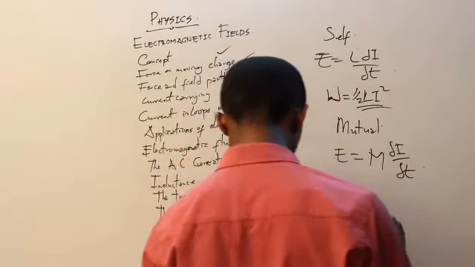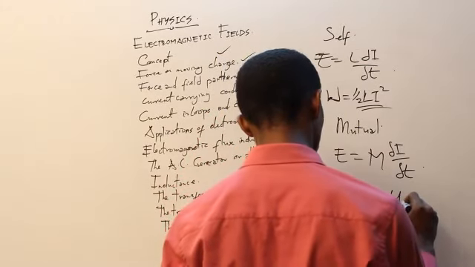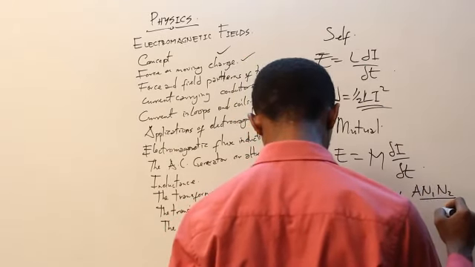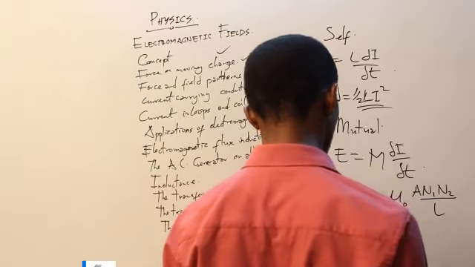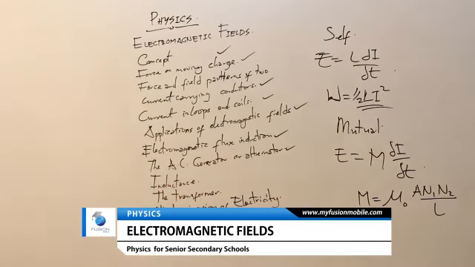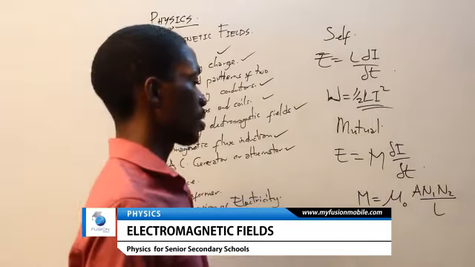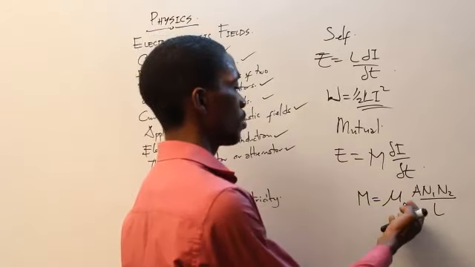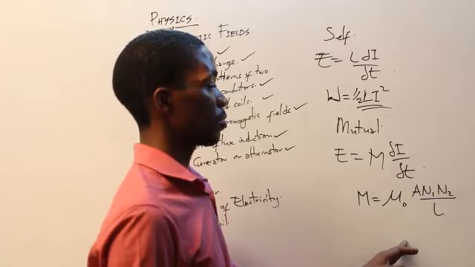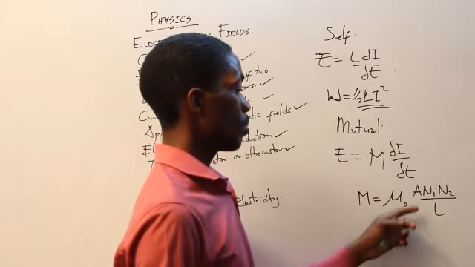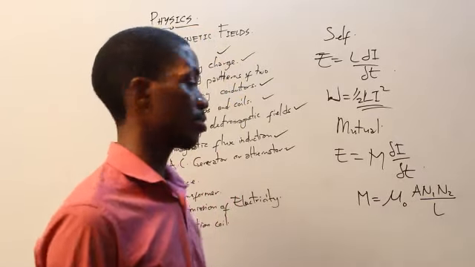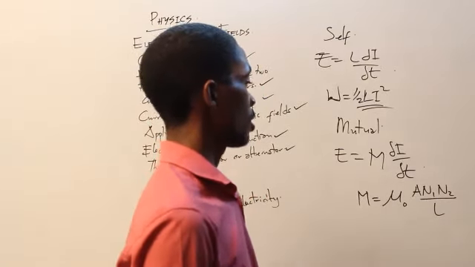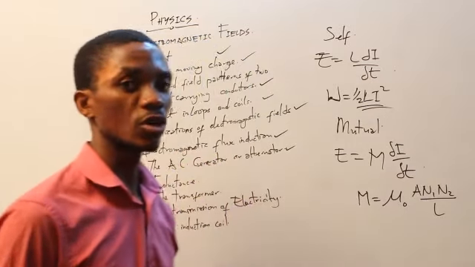But this M is given as mu, which is the permeability of vacuum, multiplied by the area of their interaction, multiplied by the number of coils of the primary and number of coils of the secondary, divided by the length of the coils.